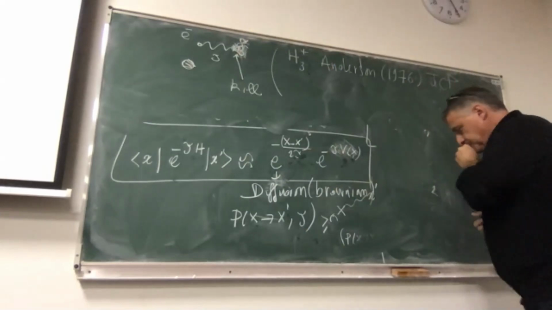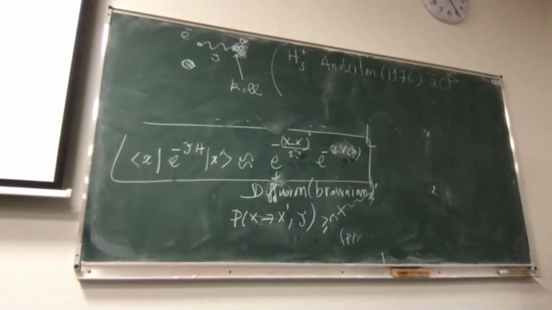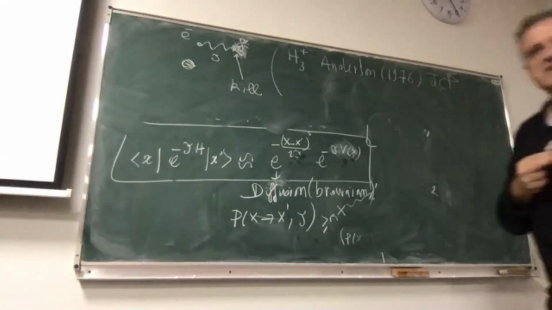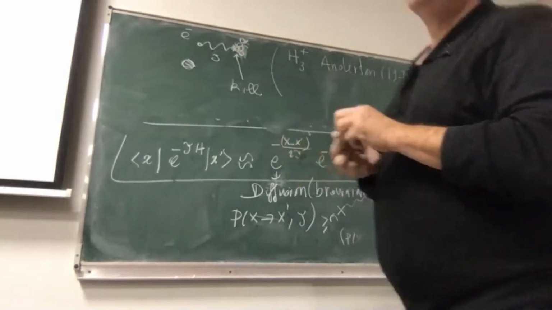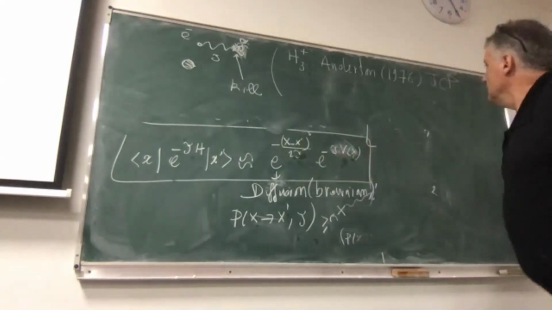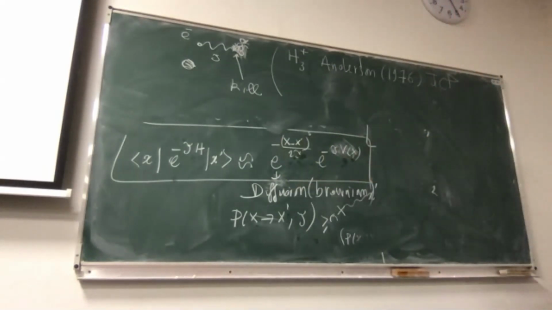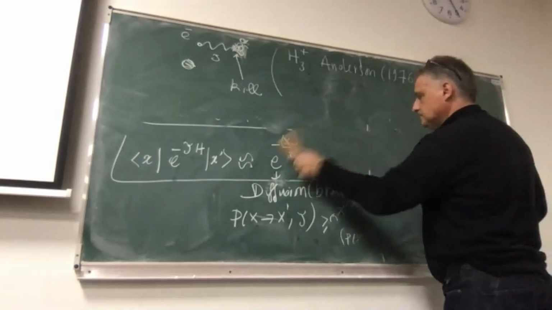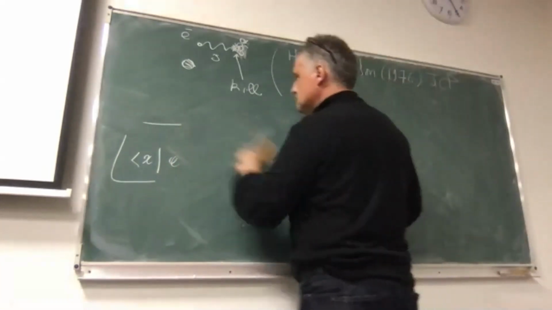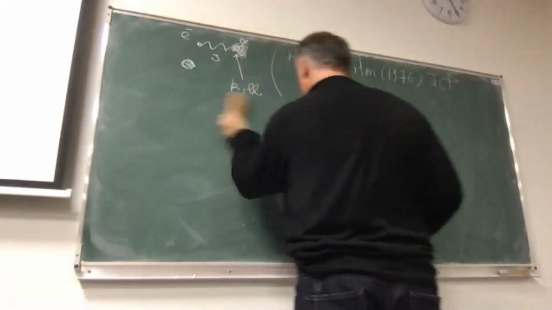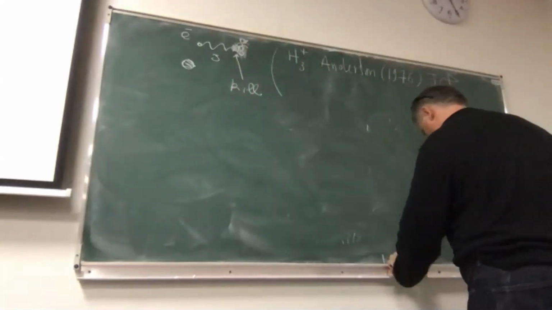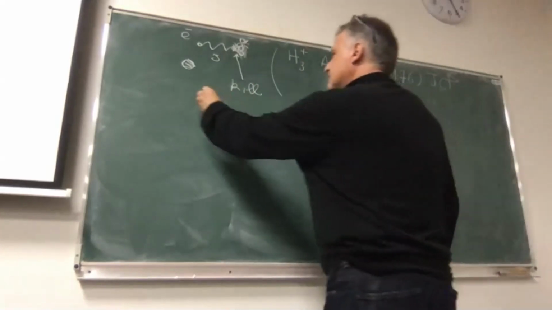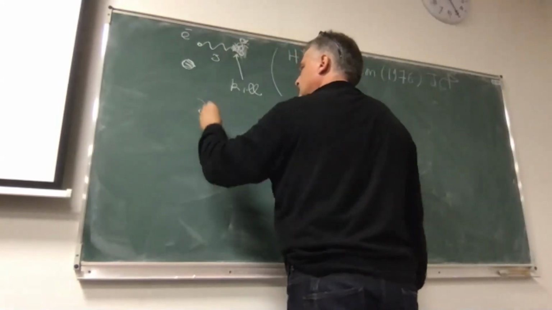Can I make a remark on this? Yeah, of course. It's very important because that system is hard. If you try to compute the integrals of that system, it's hard because it's not a dimer, it's not an atom.